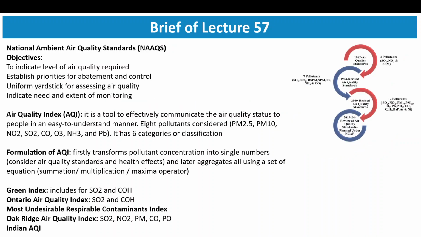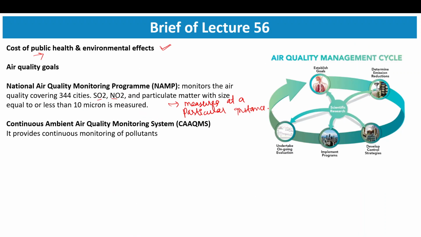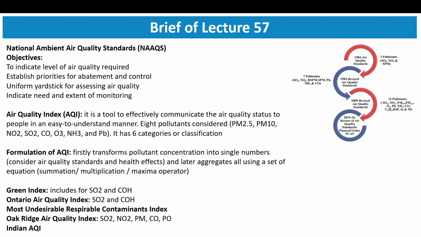So now, once the air quality monitoring systems are developed and installed, what you need to do is have standards through which you can compare the existing air quality, so that you can get an idea whether the pollutant levels prevailing are below the permissible level or not, and whether they can cause adverse impact or not.